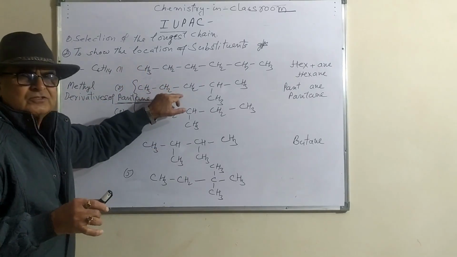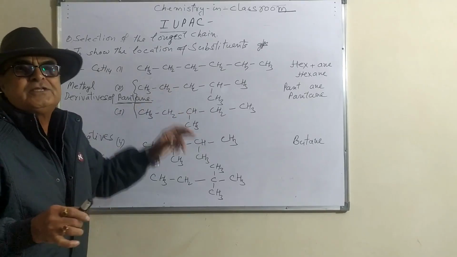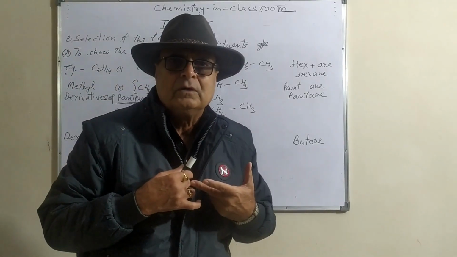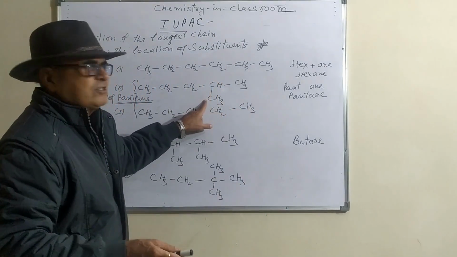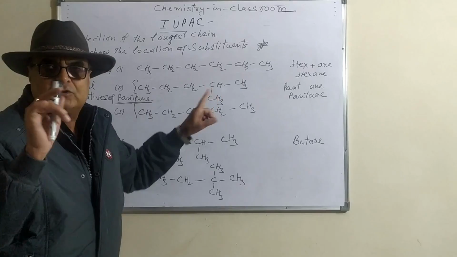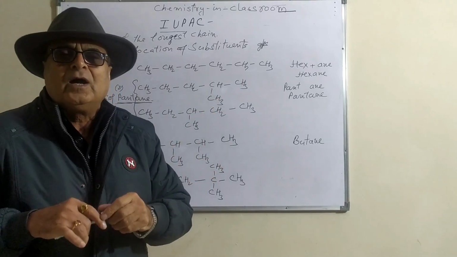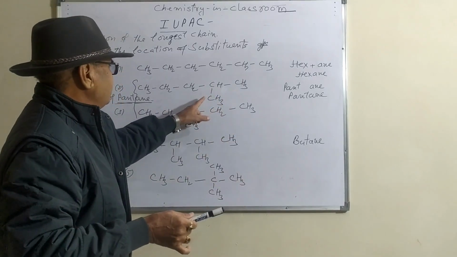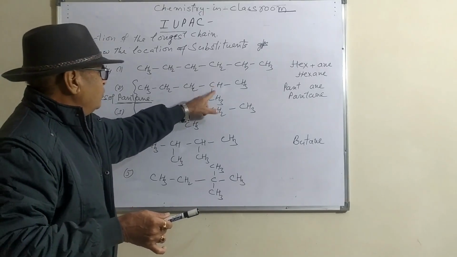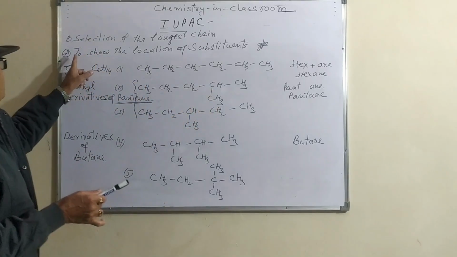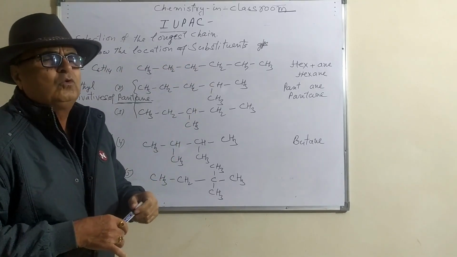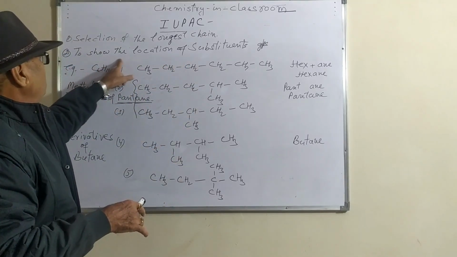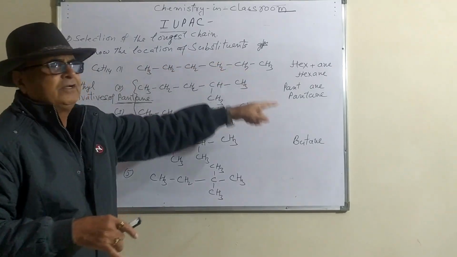I want this structure. Who is at fault? I am at fault. I didn't give you the exact location of the CH3. I should tell you the location of the CH3, whether it is on the 2nd carbon or the 3rd carbon. So the second IUPAC rule is to show the location of the substituent group.